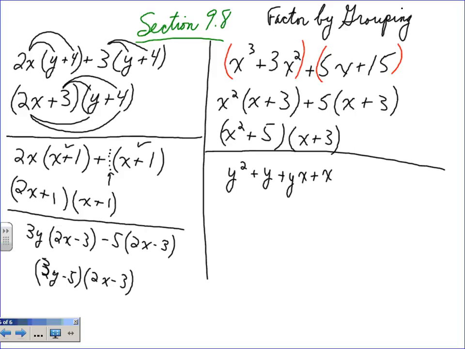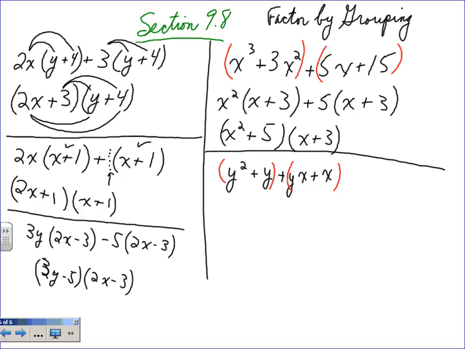We look to factor by grouping. Somebody tell me what's the first thing we do? Parentheses. And where do I put the parentheses, Sid? After the y squared plus y. Okay. Or another one is after the plus. After the plus. Perfect.